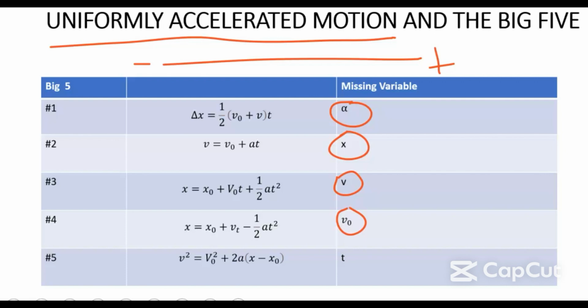Acceleration is a change in velocity from the initial velocity, which can be V0 or Vi, to the final velocity, which can be V or Vf.